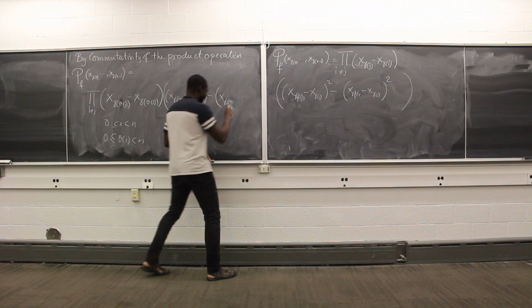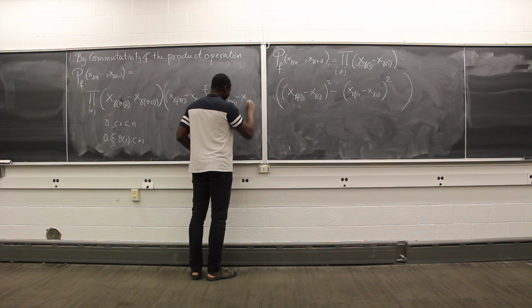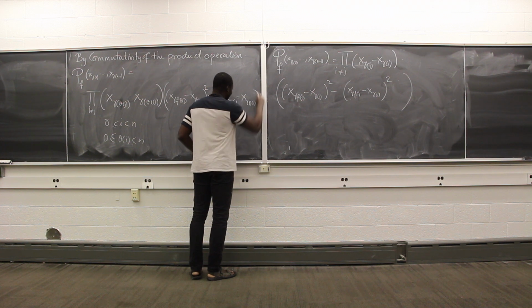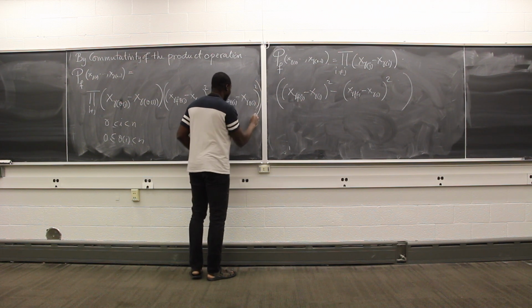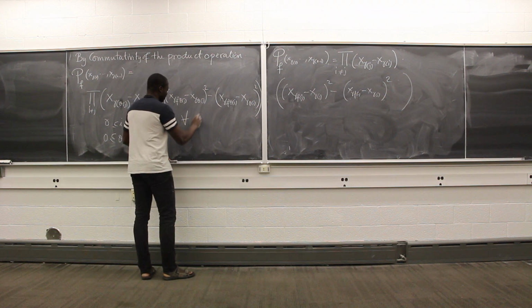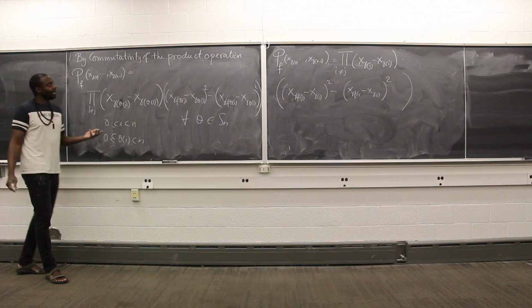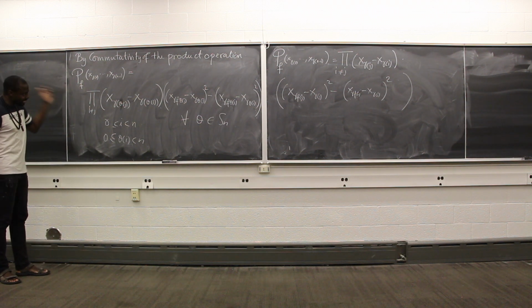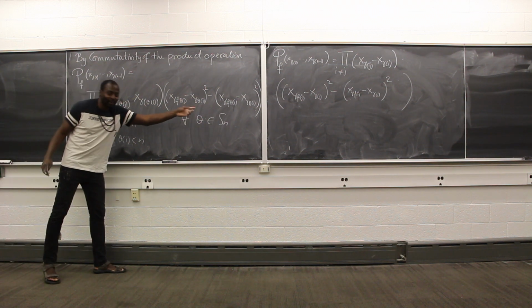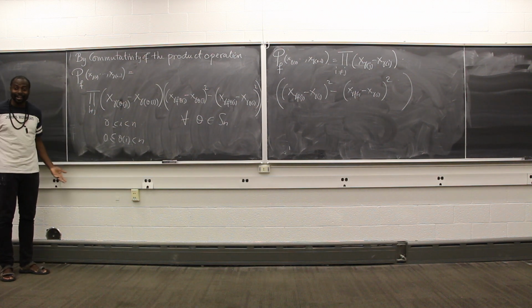Yeah, thank you. i minus x gamma theta i, and close parentheses. And this is true for all theta in Sn. The PF doesn't care what theta you put in the middle. PF couldn't care less. You can choose which one you want.